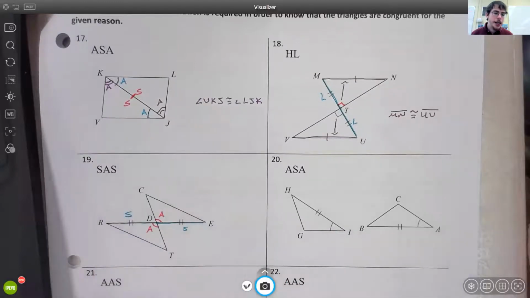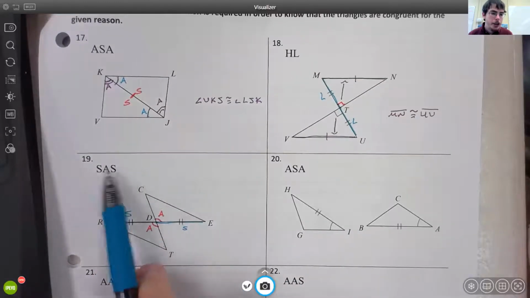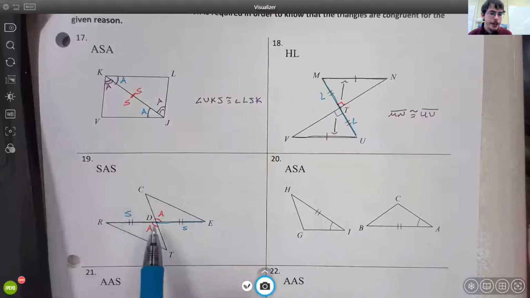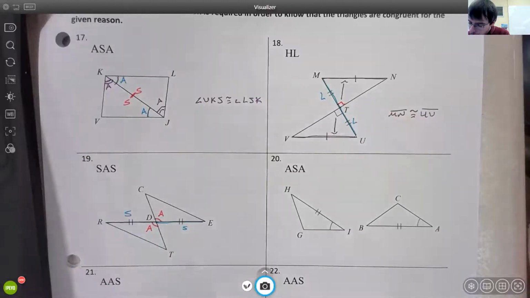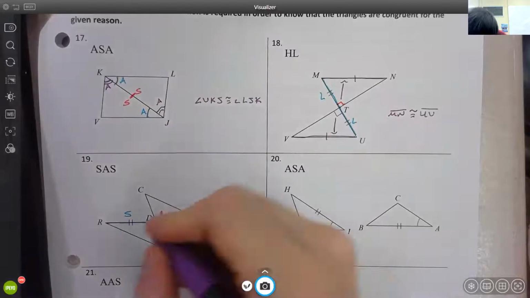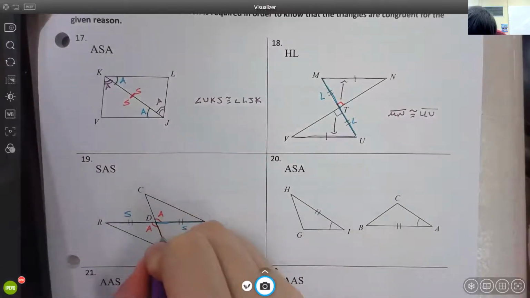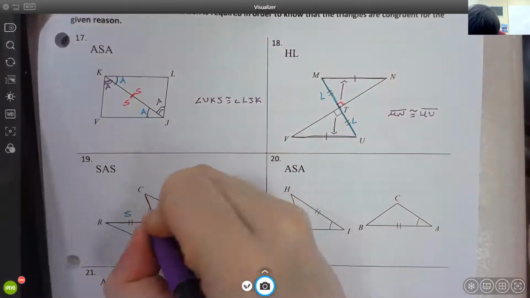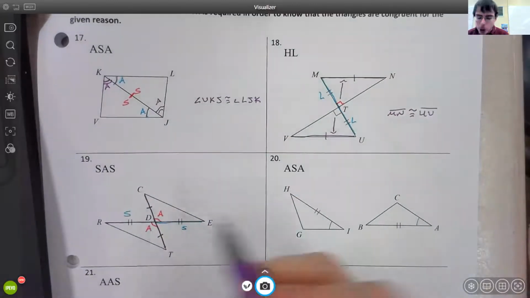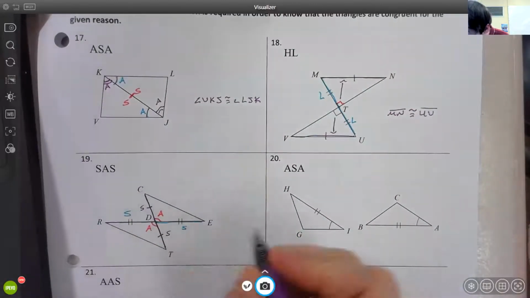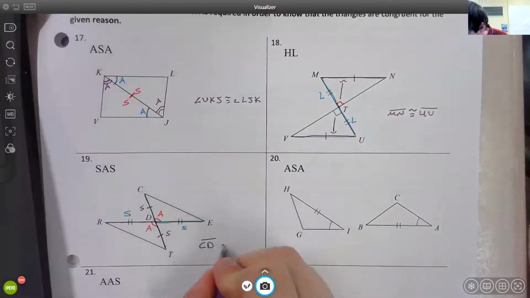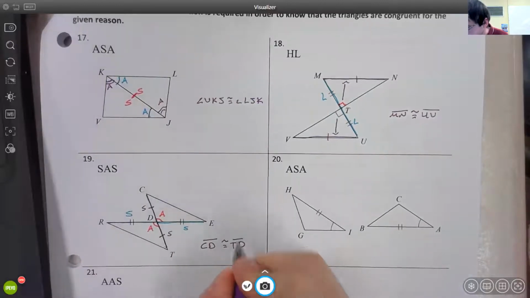We need a pair of sides. The angle has to be in between the 2 sides, and the only way that's going to happen is for the other side that touches the angle, this one here, to be congruent, to sandwich the angle between the 2 sides. So that means that CD has to be congruent to TD.